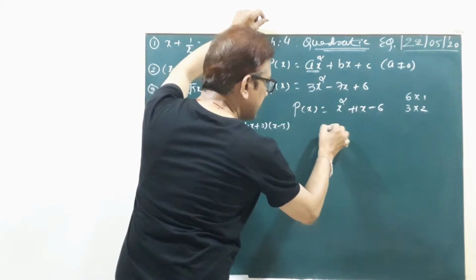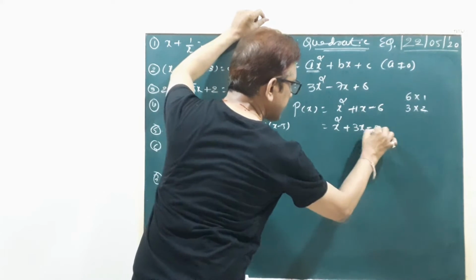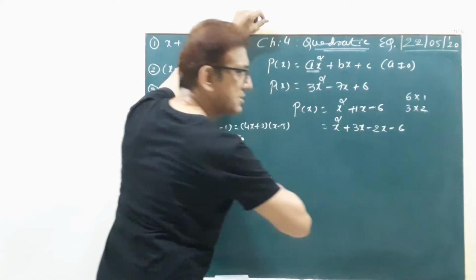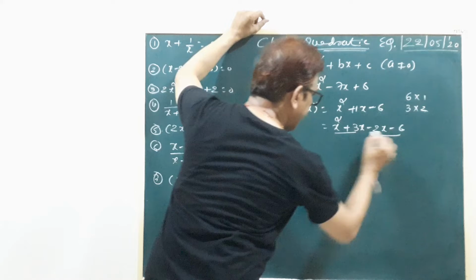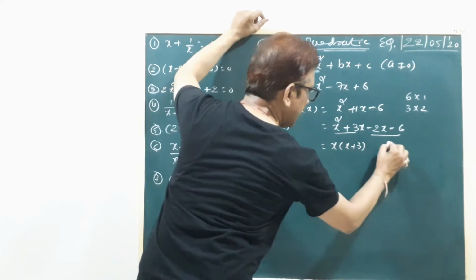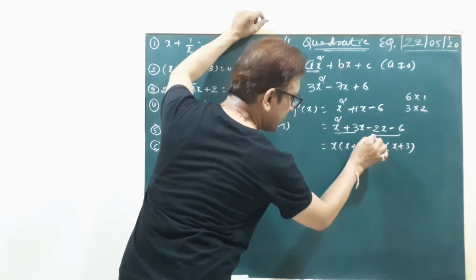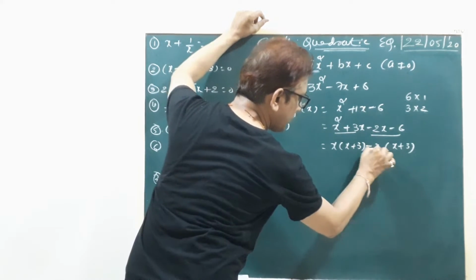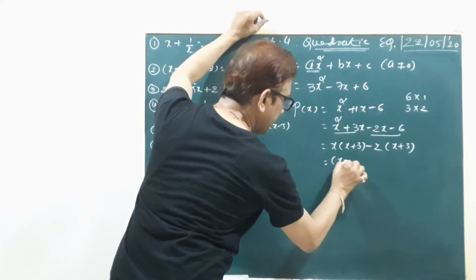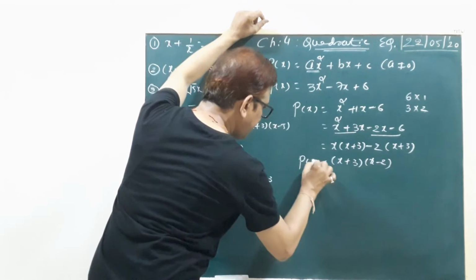So the factorization is x square plus 3x minus 2x minus 6. Now take x common: x into x plus 3. Here again x plus 3. For the negative sign, minus 2x: x is in the bracket and 2 outside the bracket. So we get x plus 3 and x minus 2.